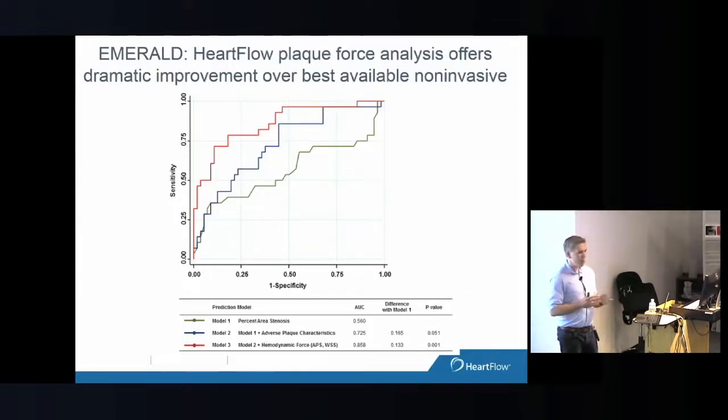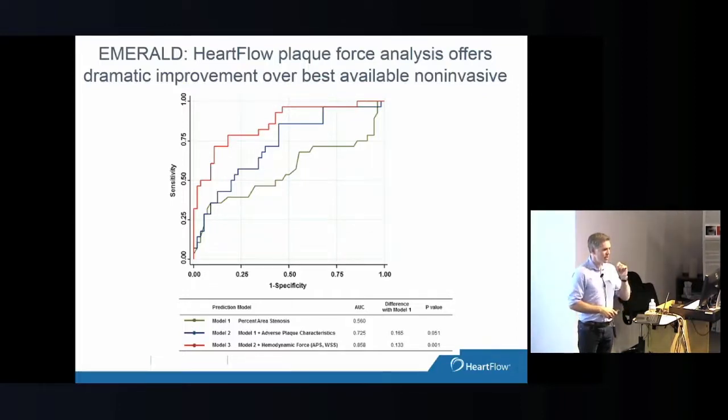And there have been a number of papers that have looked at CT features, plaque characteristic features, to help predict plaque rupture. They have shown some discriminative power. But what we found in this Emerald study is actually the change in the FFR across the plaque, the pressure gradient that we calculate across the plaque, is very predictive of plaque rupture in those plaques that did rupture versus those that didn't.